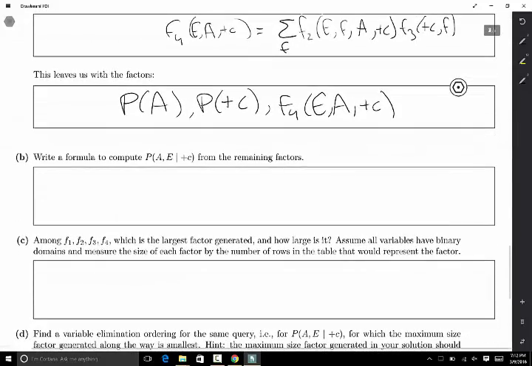Now we want a formula to compute our query, the probability of a and e given plus c. Because of the rules of Bayes-Nets and variable elimination, we know that the probability of a and e given plus c is proportional to the product of the remaining factors.